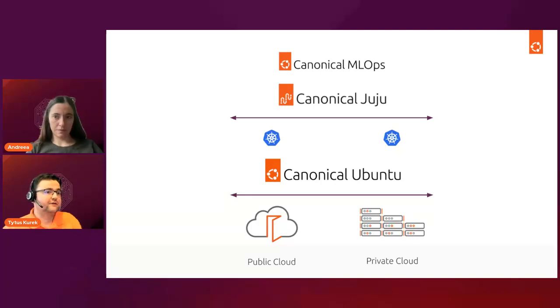But contrary to solutions like Helm, it does not just help with the initial delivery of a cloud native application, but also with its ongoing operations. By using operators, or charms, which are software extensions that contain distilled operations code for applications, you can spin up a Canonical MLOps platform on top of any cloud, and more importantly, you can also operate it post deployment.